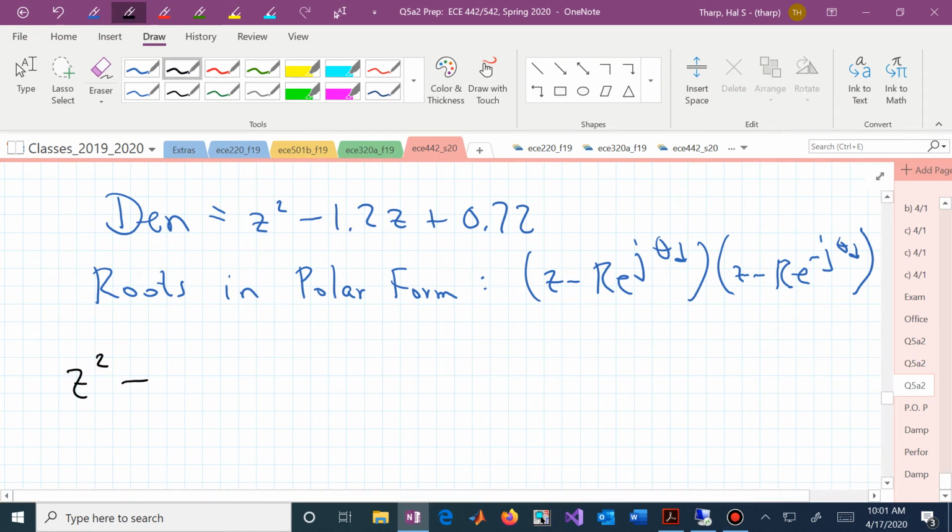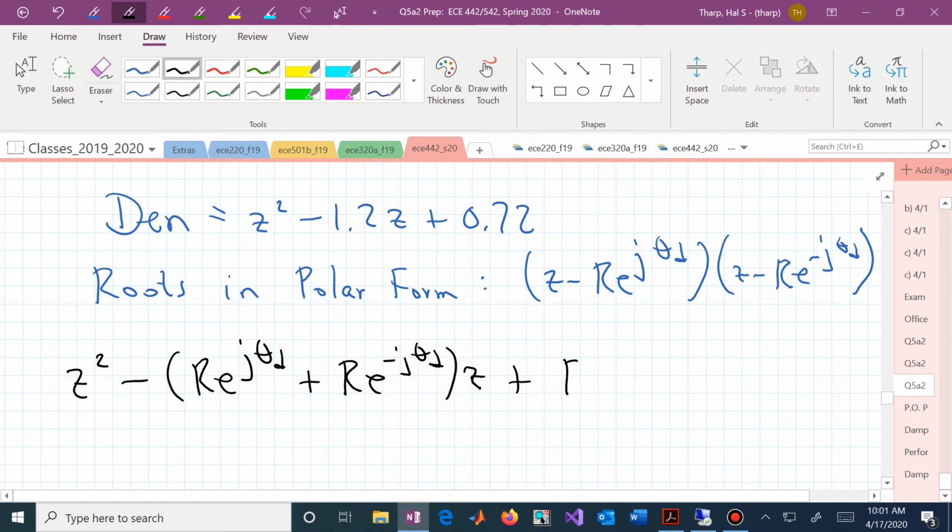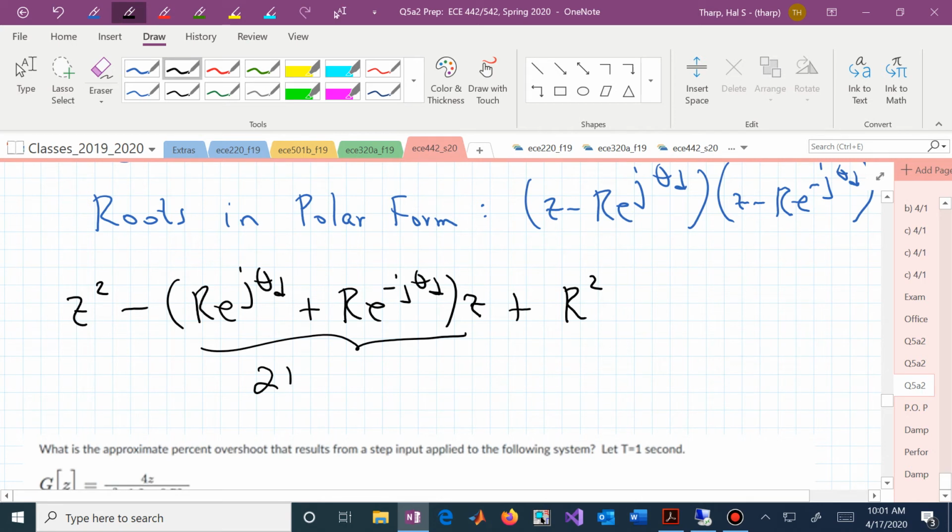That's z squared minus r e to the j theta d plus r e to the minus j theta d, z plus r squared, and we know that from Euler is 2r cosine theta d.